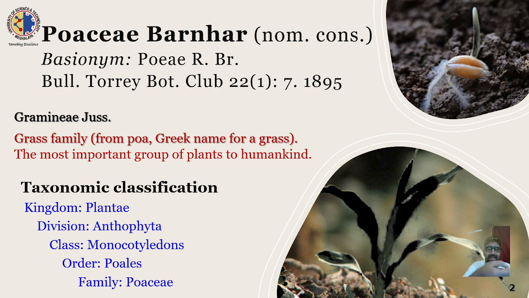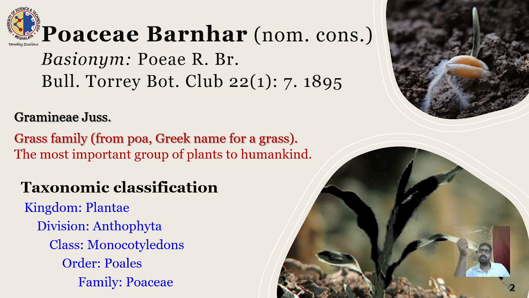I will give you some examples. If you know Asteraceae, Asteraceae has another name, that is Compositae. Another family is Fabaceae.